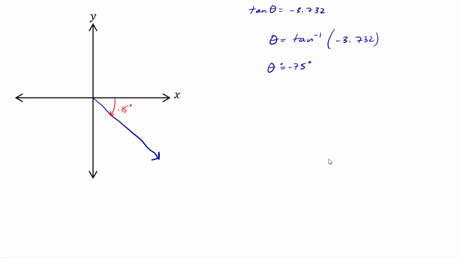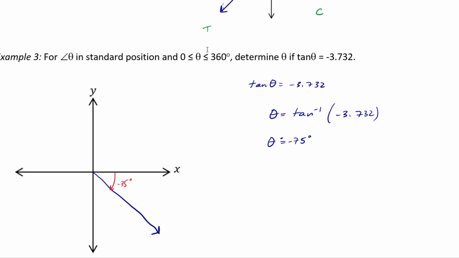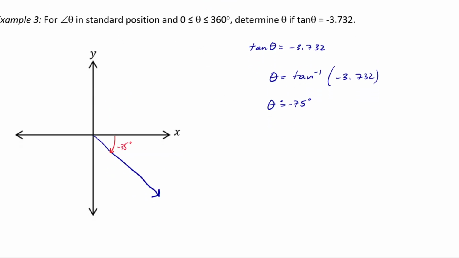However, this is problematic because theta cannot be a negative value. We see that in the restrictions placed in the question. Theta has to be a positive value. So in order to find that positive value, I have to go from the positive x-axis in a counterclockwise motion, right there.